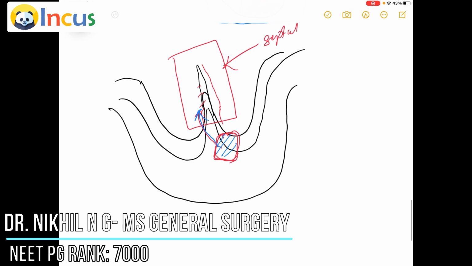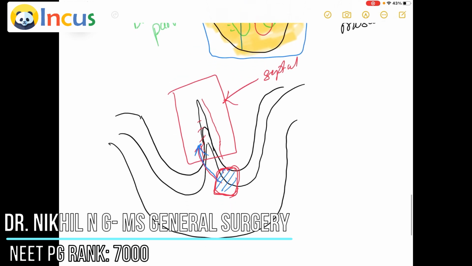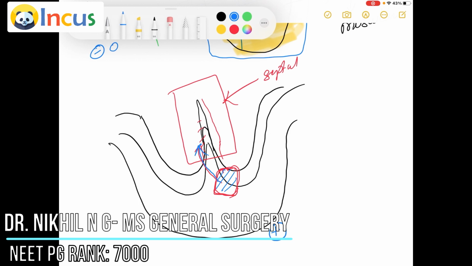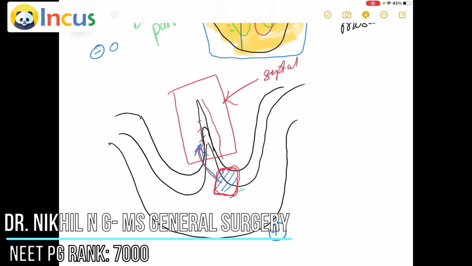Coming to the previous diagram, here is the SA node with negative charge, here is the ventricular end, positive charge. There is formation of positive charge here, and from here it goes towards the septum.